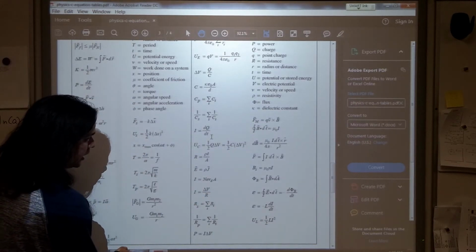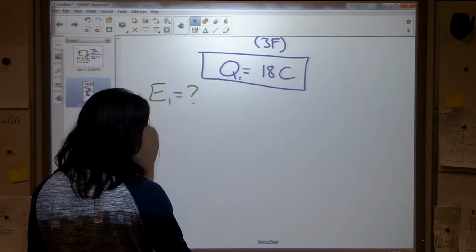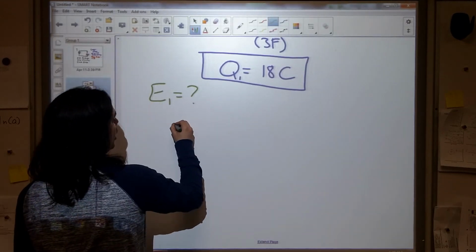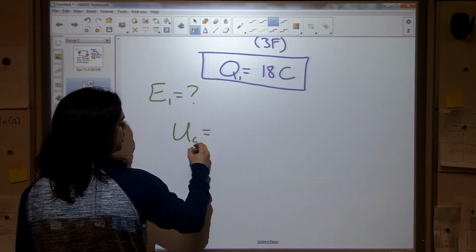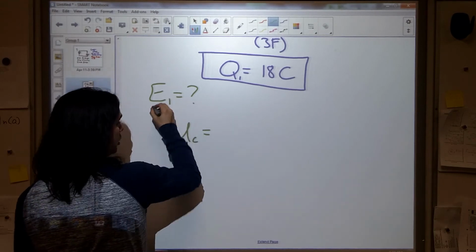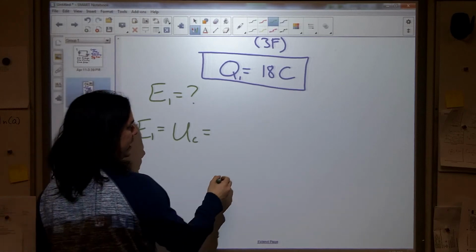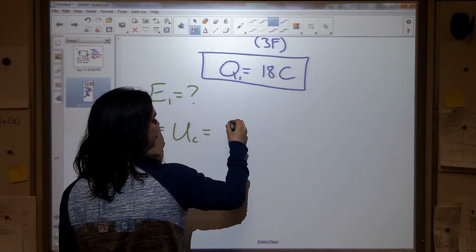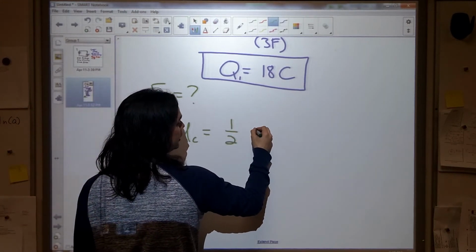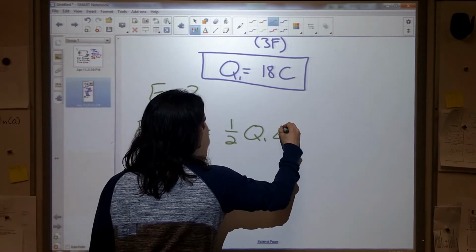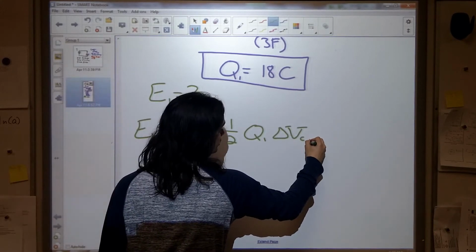We can do this however we'd like, but 1/2 Q delta V sounds pretty nice. So our energy on the capacitor, UC, or also in my regular notation, E final, the energy on the capacitor final, would be equal to 1/2 Q final times delta VC, technically final.